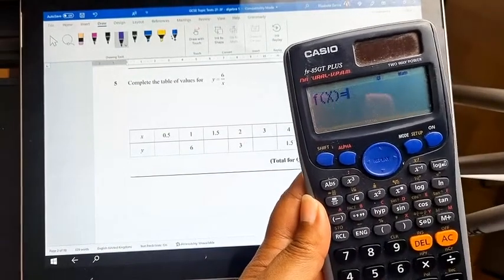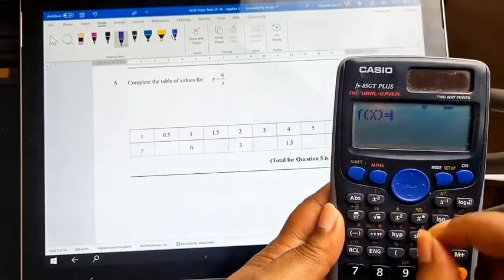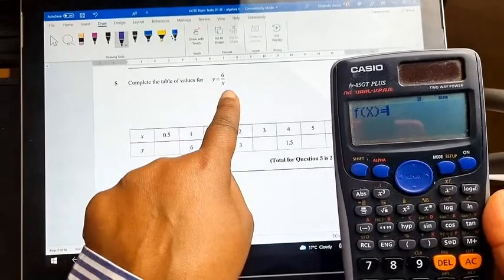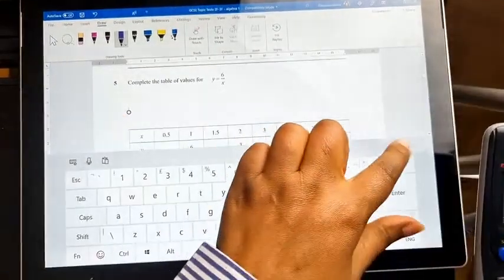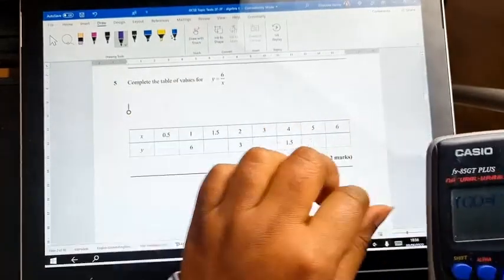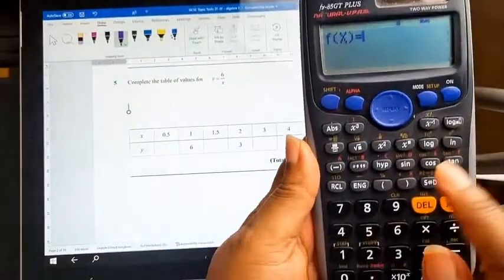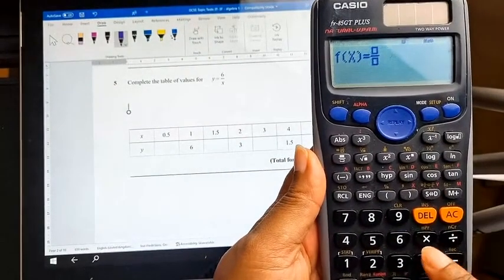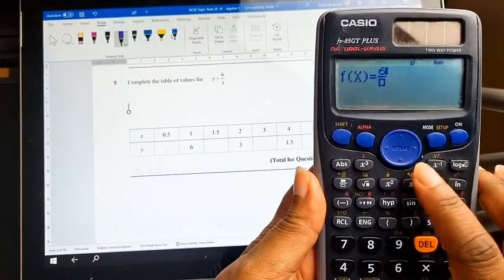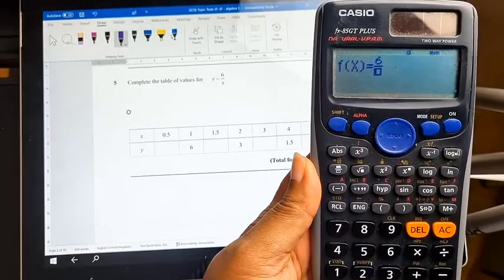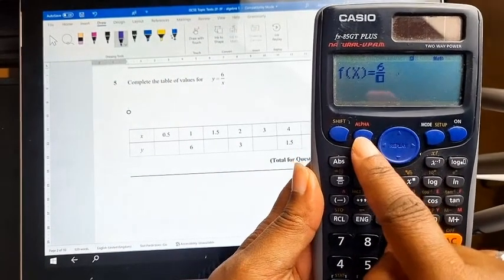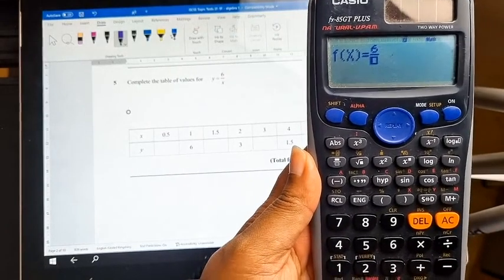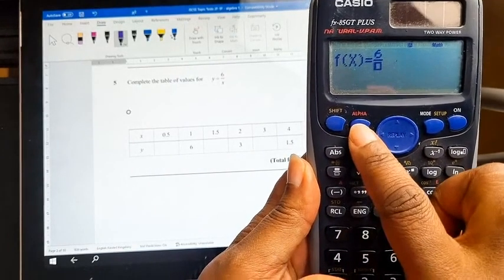Now what we have to do is make sure that we type exactly what we see in the equation. That is the equation, and we need to type what is in there. You get the fraction and you type 6, and to get the letter x, you need to press alpha. This is why you need to know these skills, so you don't waste time in the calculator paper.